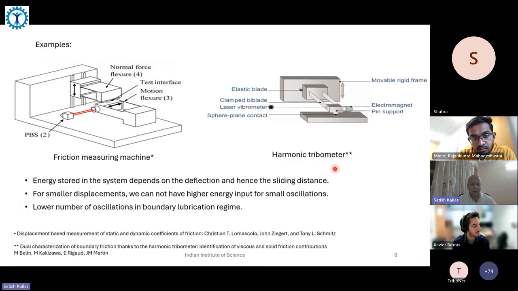And another interesting tribometer developed was by Jean-Michel Martin and his team from Lyon, where you pull this spring and you apply a normal load with the tribo contactor. You pull the spring and you release it, and then you study the oscillation dying down by using a laser measurement device.